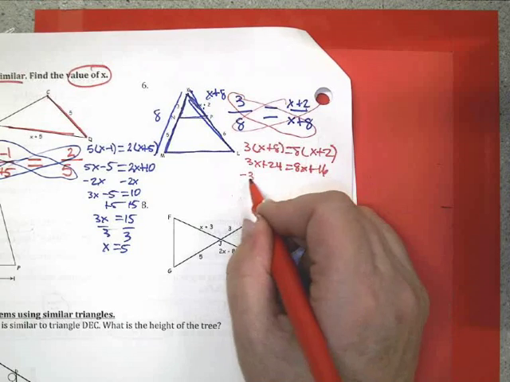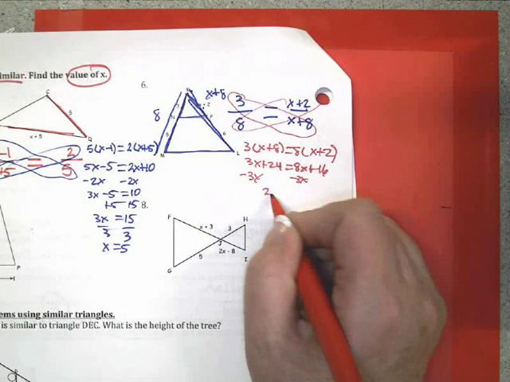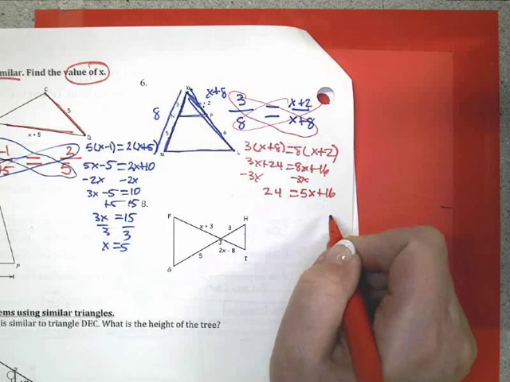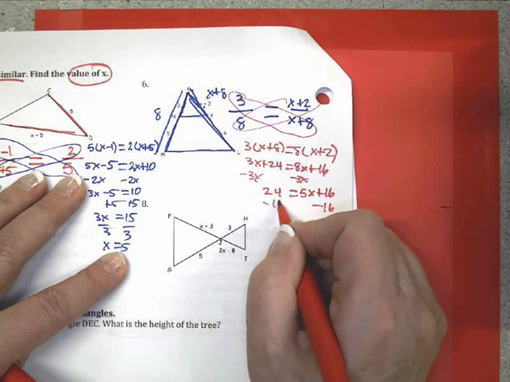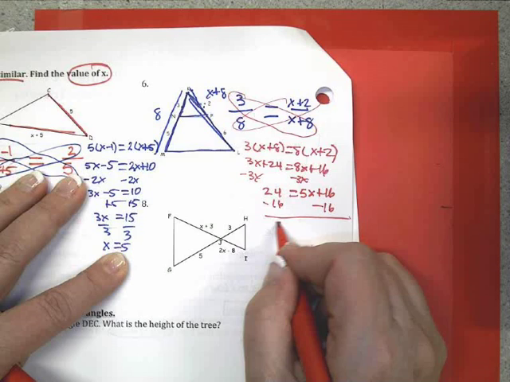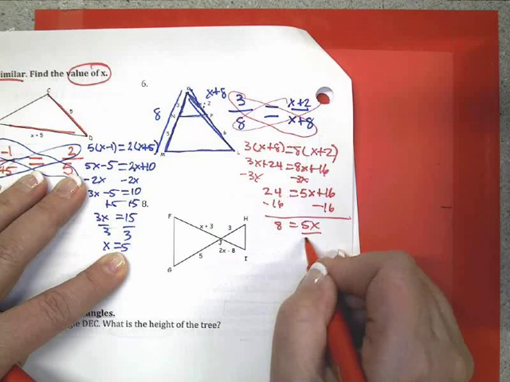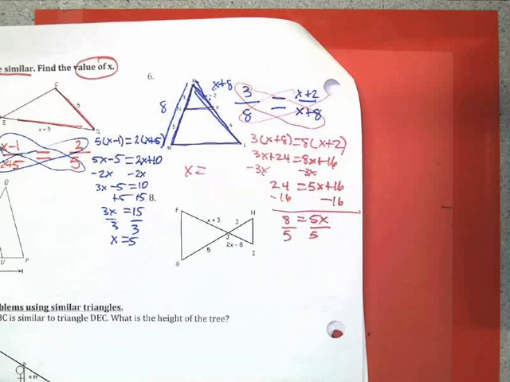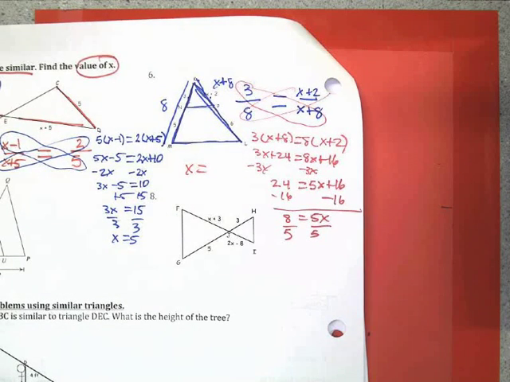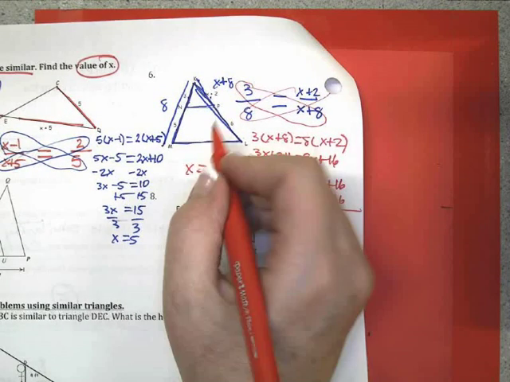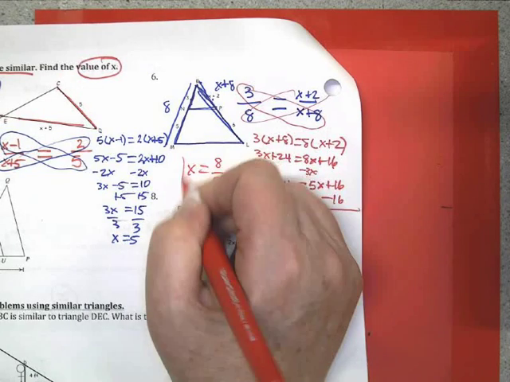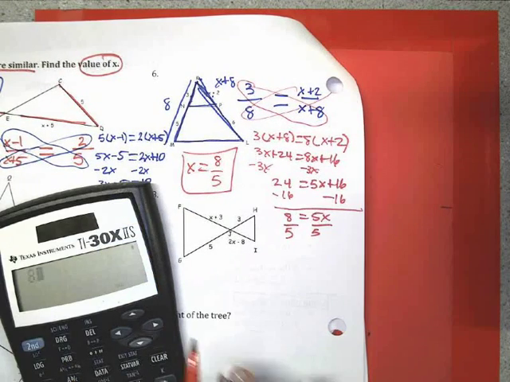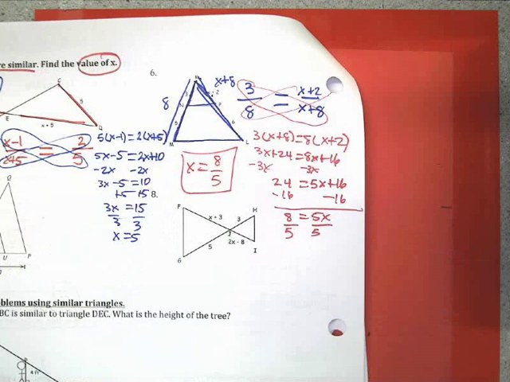Subtracting 3x from both sides, 24 equals 5x plus 16. Subtract 16 from both sides, 8 equals 5x, and then dividing by 5. So you could leave this as a fraction or as a decimal. I'm going to go ahead and leave it as x is equal to 8/5. And if you wanted to, you could change that to 1.6.